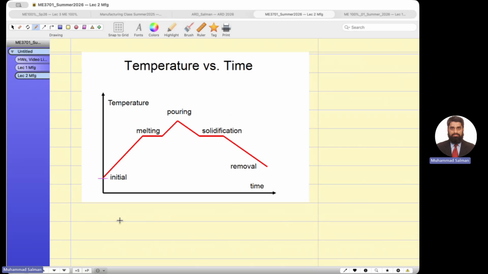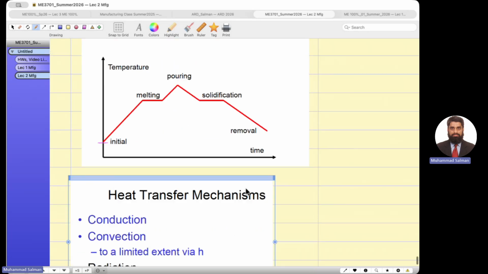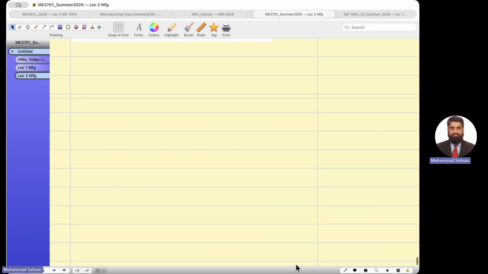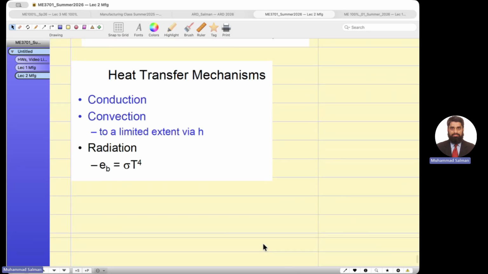Some of the heat transfers through conduction, convection, and radiation. You remember we did the heat transfer review. Radiation, E sub B, like black body radiation, is sigma T to the fourth.